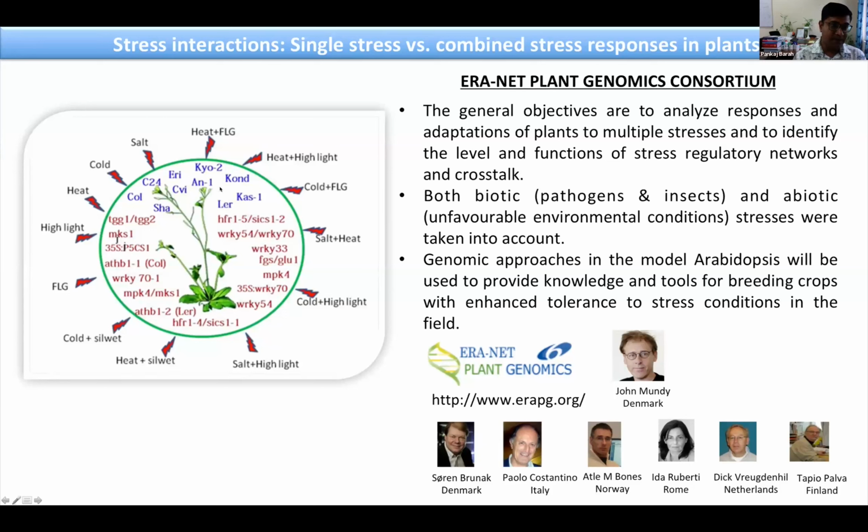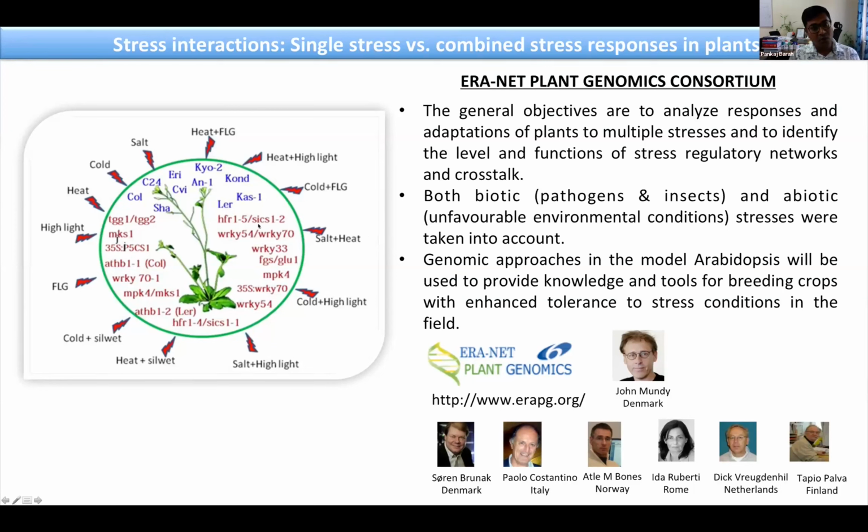The blue ones are natural ecotypes of Arabidopsis thaliana, and there are single stresses and combinations of stresses. There are 6 single stresses: highlight, heat, cold, salt, and flagellin. Flagellin mimics the biotic stress, and there are 6 other combinations. So in total, 11 different single and combined stresses.